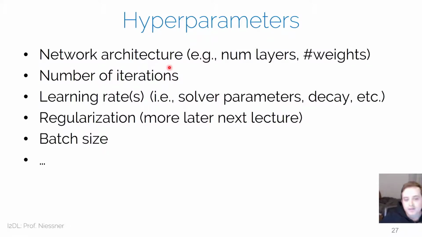It can be activation functions. It can be regularizations or normalization layers that you put there. It can be the training scheme. It could be, for example, a higher or lower learning rate or learning rate decay, or how long you train it for.